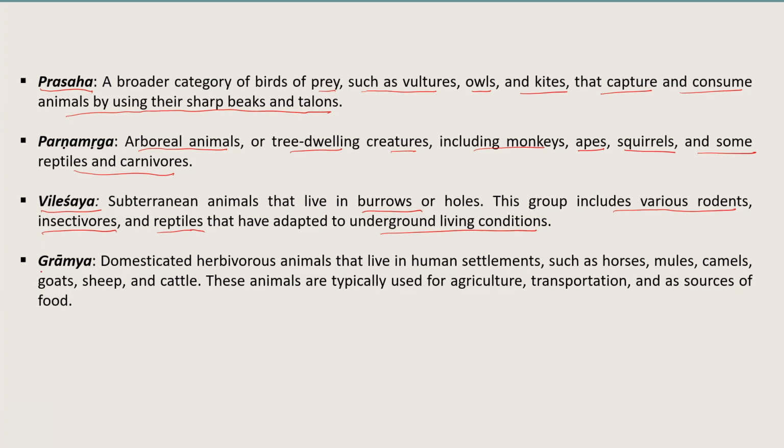Next is Gramya, domesticated herbivorous animals that live in human settlements such as horse, mule, camel, goat, sheep and cattle. These animals are typically used for agriculture, transportation and as a source of food.